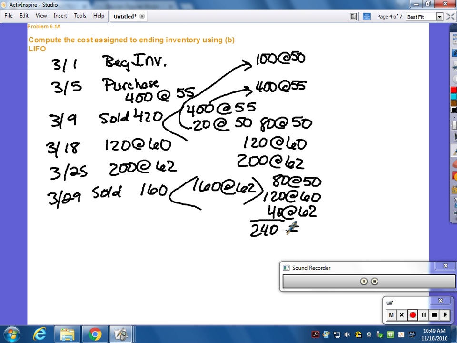And it equals out to how much? 80 units times $50 is how much? 4,000. 120 units times 60, 7,200. 40 units at $62, 2,480, for a total ending inventory balance of how much? 13,680.